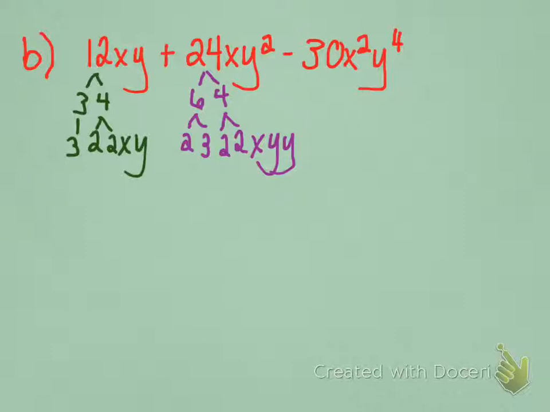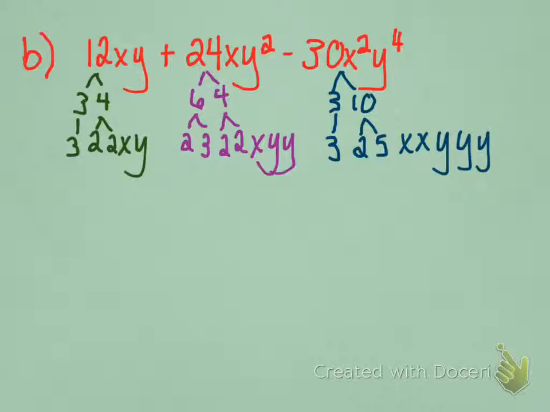Then you move to the last one, 30. You have 3 and 10. And then 2 and 5. You have 2 x's and 4 y's. Alright, now you're going to go through and circle what they have in common.